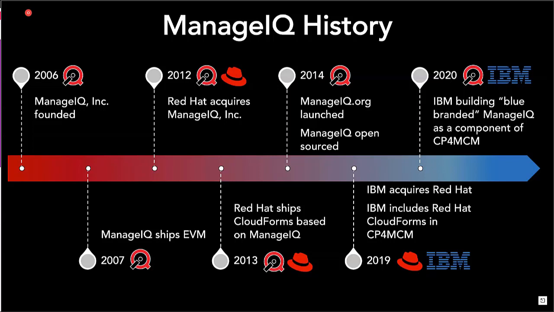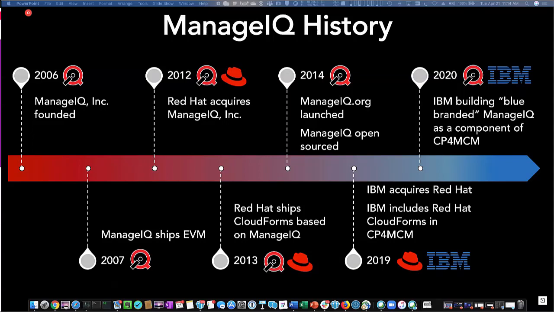And then in early 2013, Red Hat ships CloudForms based on ManageIQ. And in June of 2014, we finally open sourced ManageIQ, the actual bits behind it all, as well as launched ManageIQ.org, which is the organization around the open source project.